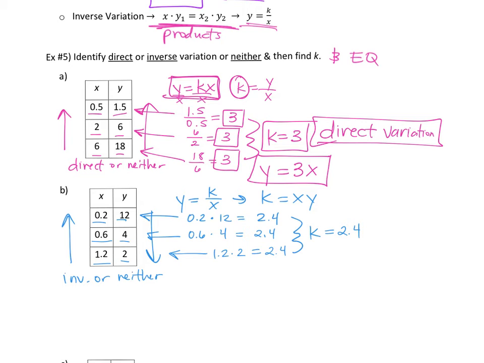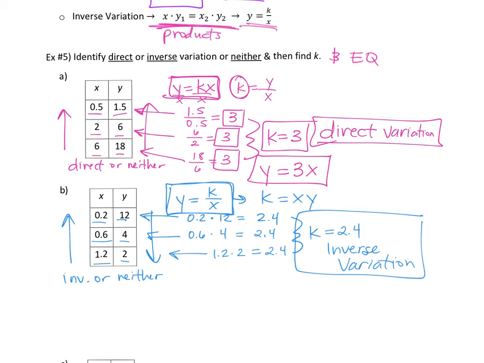That means when I go to write it in the equation, okay, this is, like we said, inverse variation because it's the same number. Okay, so this is inverse with a k of 2.4. So we're going to plug that into the equation. y equals 2.4 divided by x.